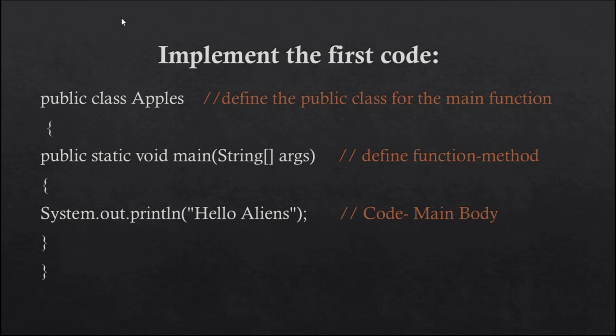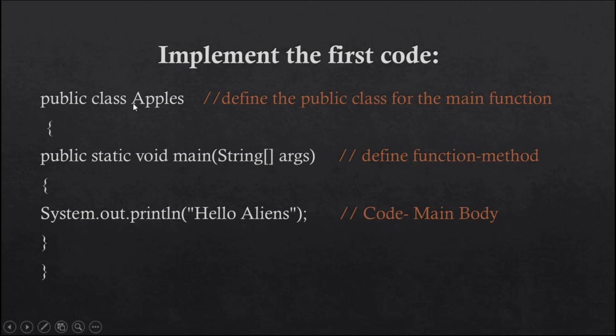So let's focus on the very first code. In the very first line, we are defining the public class Apples. Apples is the name of your class, and you define the class for the main function, because the main function also requires a class. Just focus on the syntax.